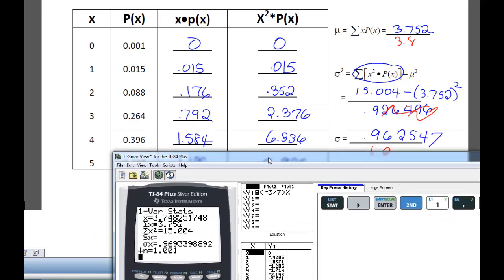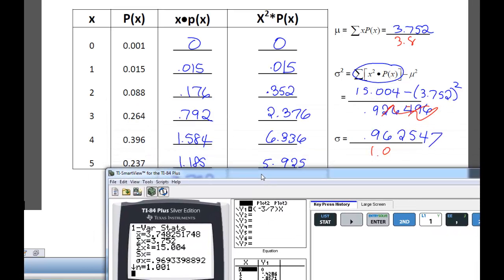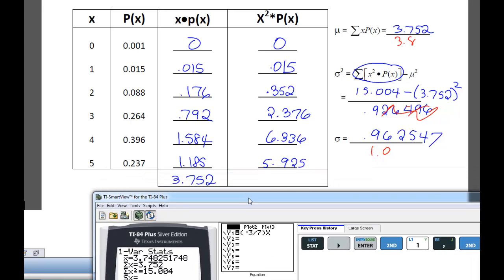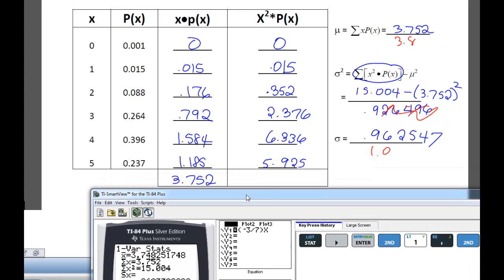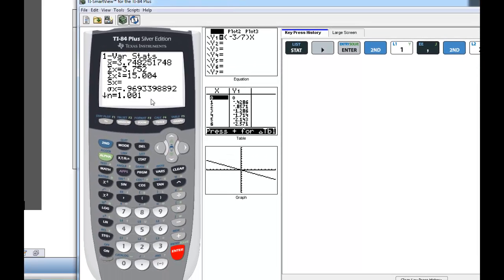Did everybody get these answers when you did it by hand? Yes, no, maybe? Okay. All right. Well, anyway, we'll probably never do it again by hand after today. So I would definitely go with these answers, okay? So here's my mean, 3.7, and my standard deviation is 0.969.